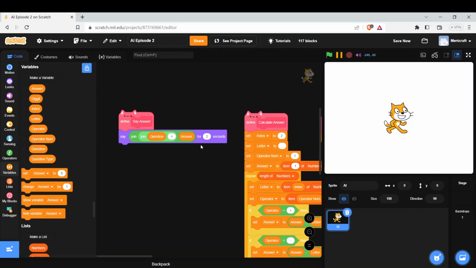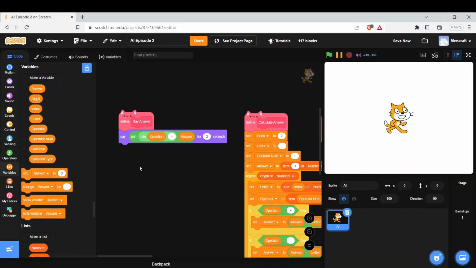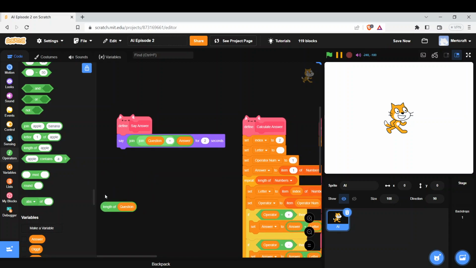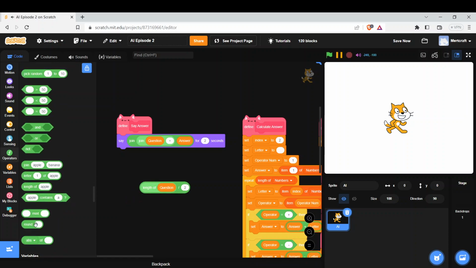And guys, let's make it say for 2 seconds. This changes how long the length of our question is. So we need the question, then our length of, and take it divided by 2, and then round, put it in the round.